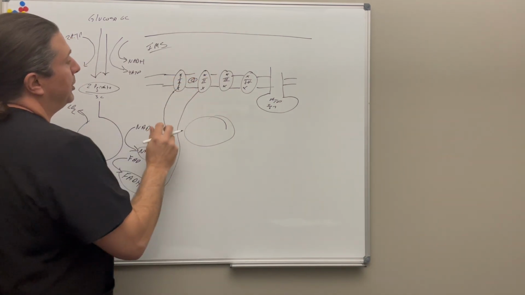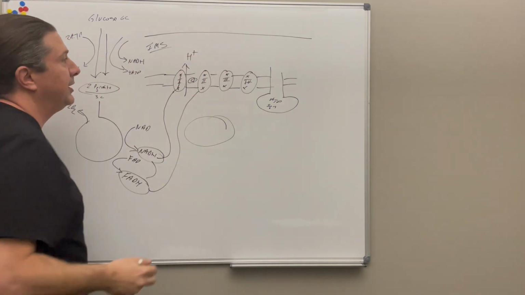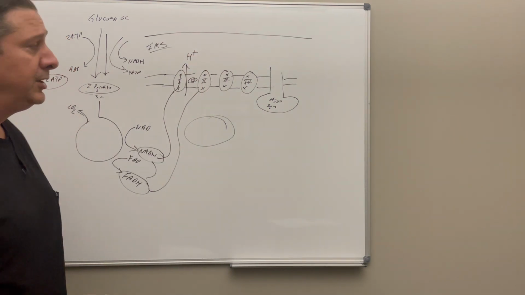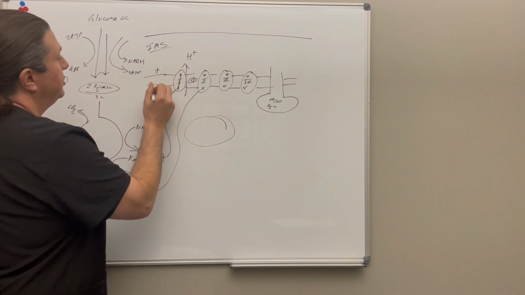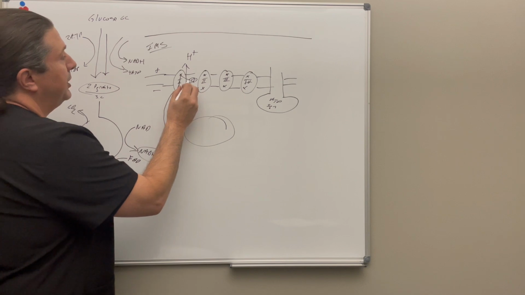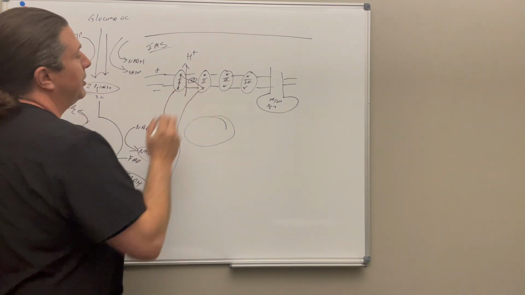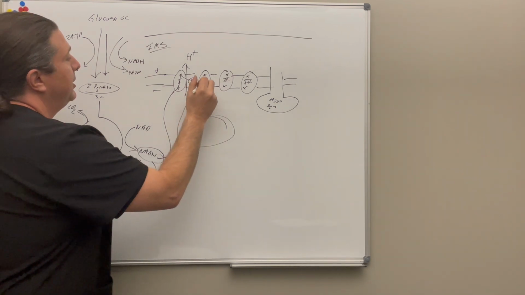When they transfer them, they're going to be pumping hydrogen ions outside into that inner membrane space. So they're creating a positive charge and a negative charge. These electrons are then going to transfer between the proteins. This is CoQ10. It's an acceptor and then a donator of an electron to another cytochrome.